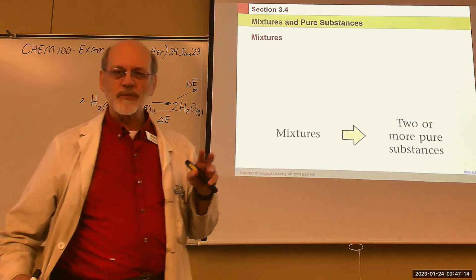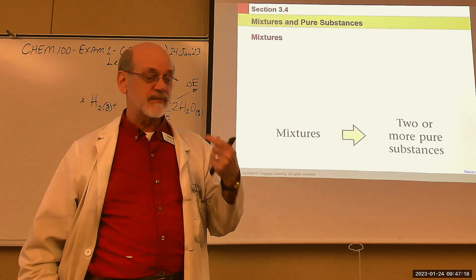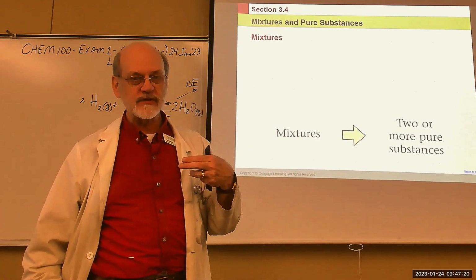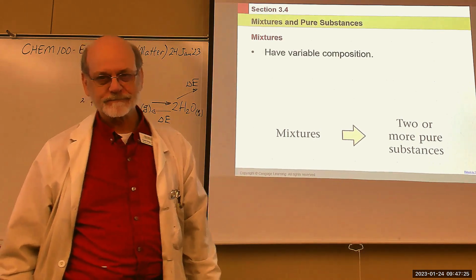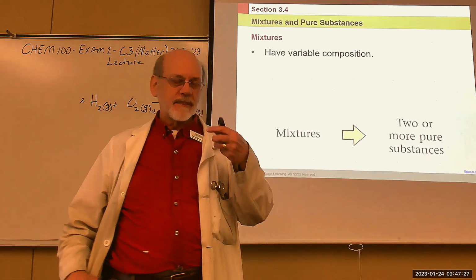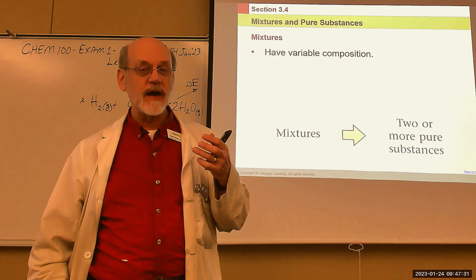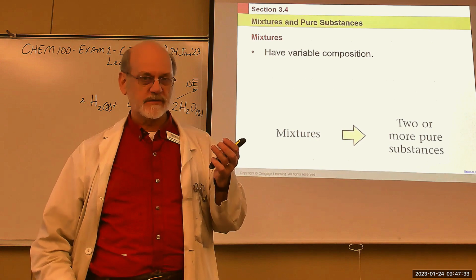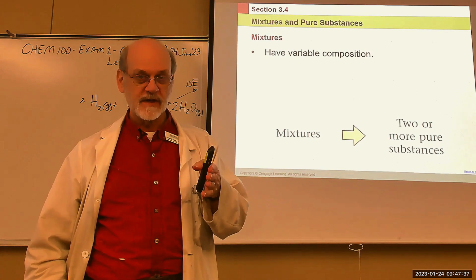When you put two or more pure substances together, you get a mixture. And the mixture can be separated into those pure substances by physical means. The other characteristic of mixtures is that they have variable composition, unlike compounds that have fixed composition of the elements.